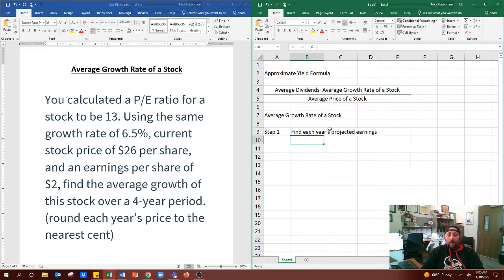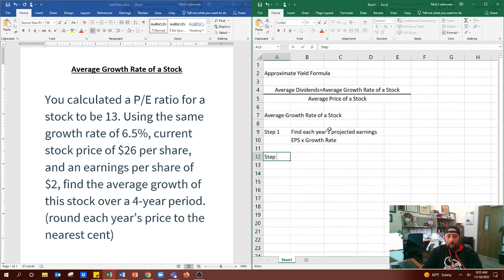And you may be wondering, well, how do we calculate that projected earnings? Well, if we go back and we look at the example, it gives us an earnings per share number. It tells us that for every share, we earn about $2 per share. So we're going to use that number. We're going to use that $2 per share, and basically the formula is earnings per share multiplied by your growth rate.